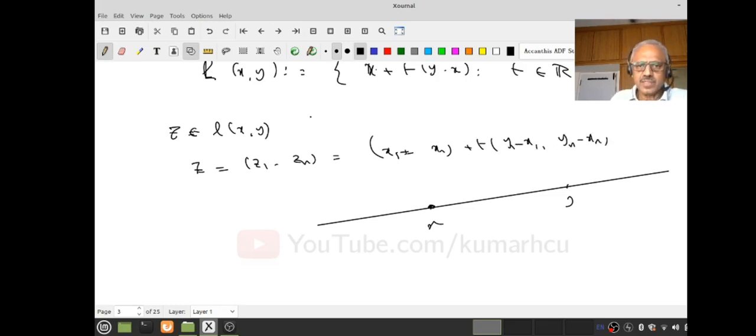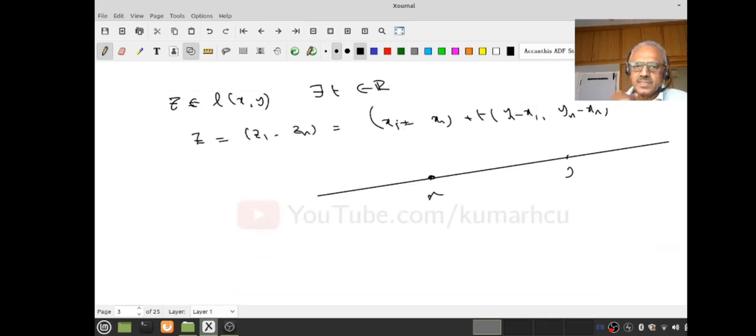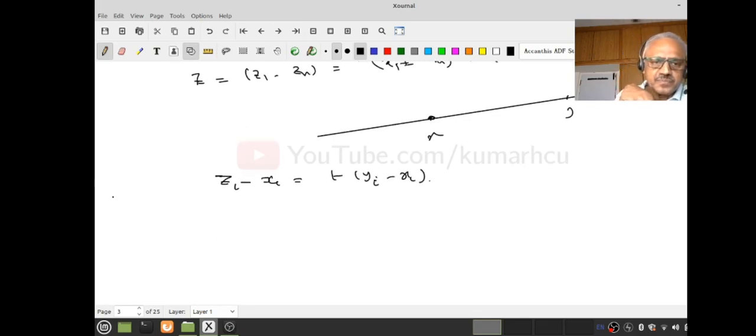That means there is a t in R. Let us look at this: this is z, therefore zi minus xi is going to be t times (yi minus xi) for each i.